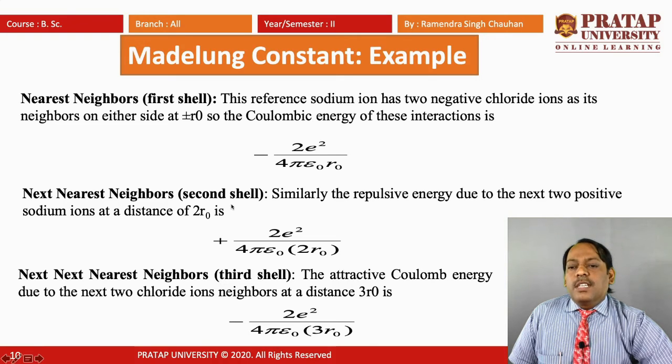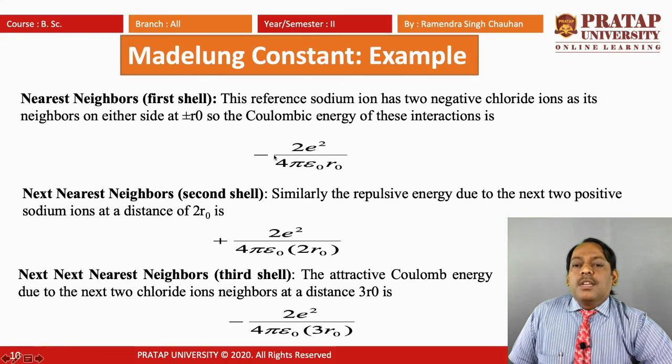Then we are going to the second cell, where we are having sodium ions separated from other sodium ions at 2 R naught distance, and we will find that this potential will be equal to plus 2E square upon 4 pi epsilon naught into 2 R naught, and this will be a repulsive energy because we are having like charges. In the first case, we were having unlike charges, so this negative sign shows attractive potential.